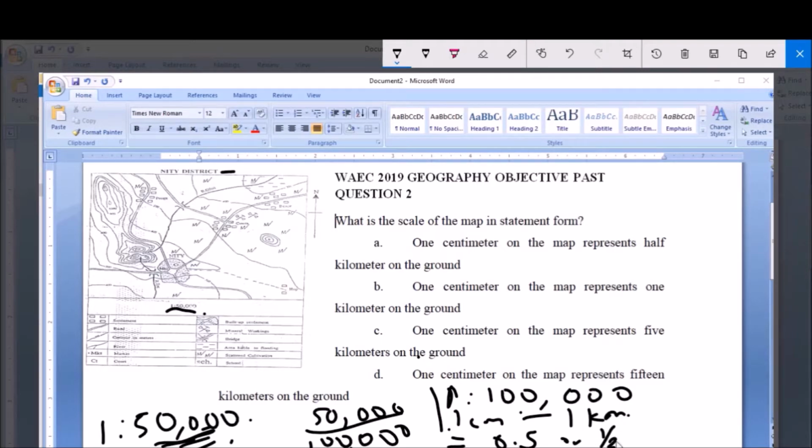So 0.5 kilometers, or half kilometer. In statement form, 1 centimeter on the map represents half kilometer on the ground. So the correct answer is A.